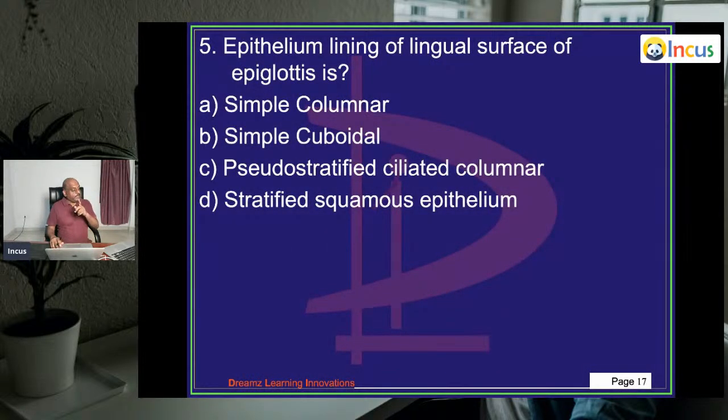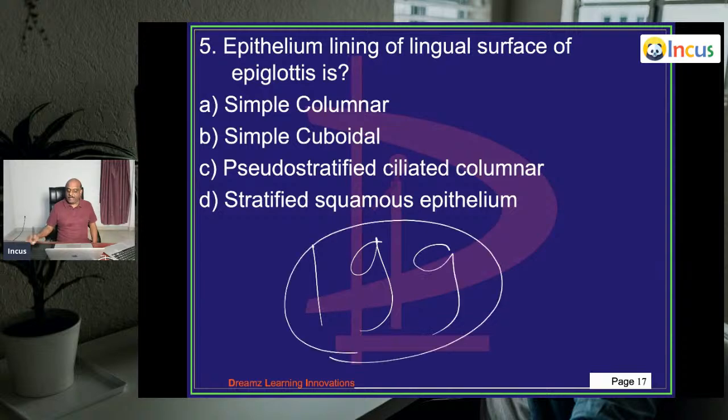Now, doctor, I already told you. What did I tell? A question will come, a question will come, a question will come. Type of epithelium. The NEET PG exam is not for 200, it is only for 199.